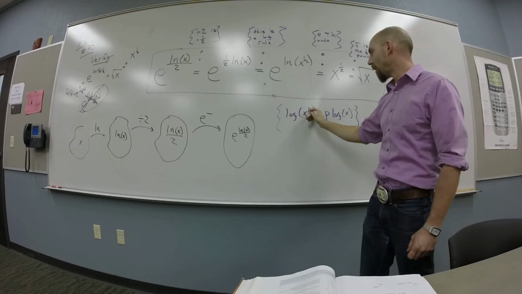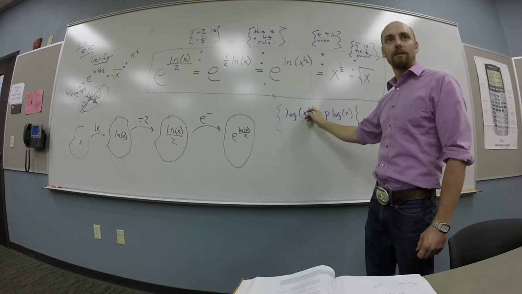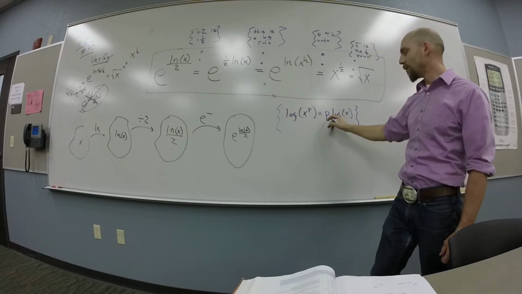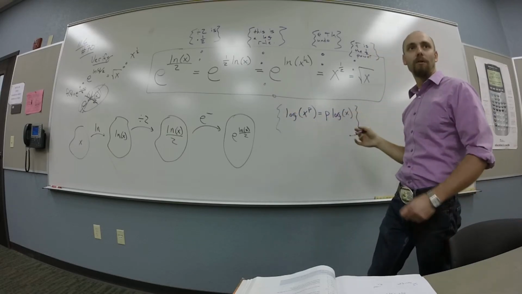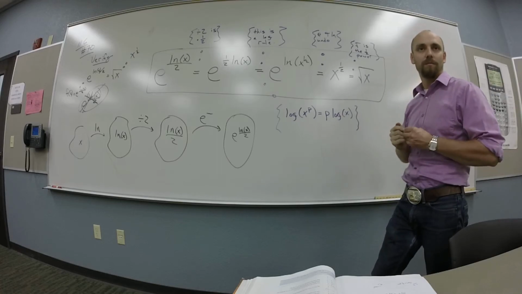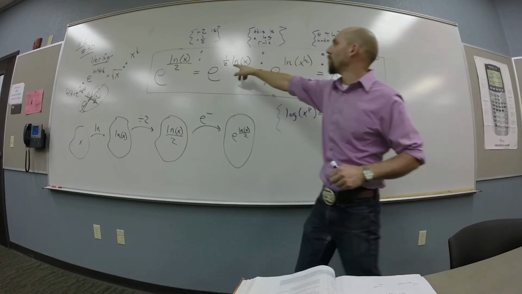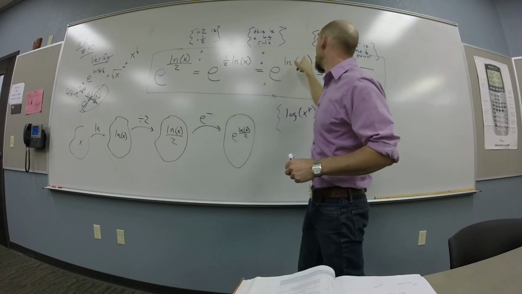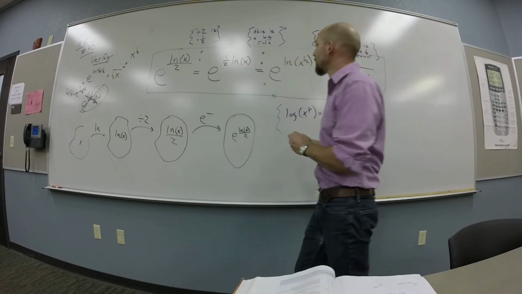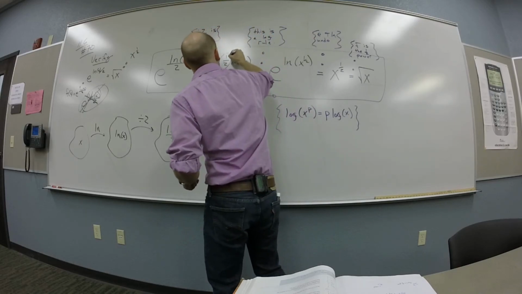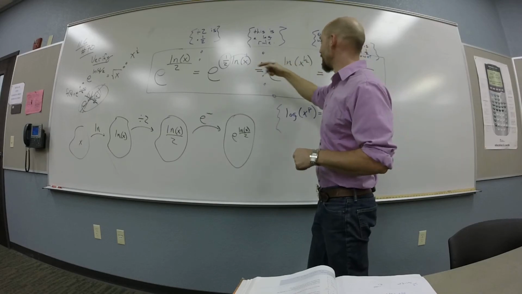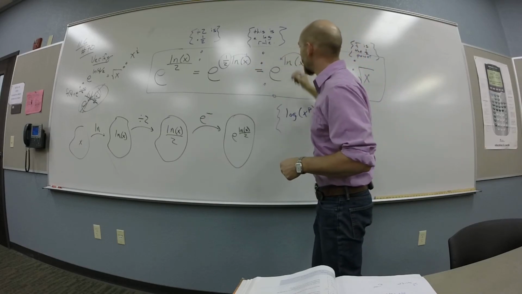So if I have a power up top in my argument, I can pull that down front and multiply. Or if I have a number down front, I can pull that in as a power. So what did you do on that? I took the 1/2 that was sitting out front times the logarithm, and I pulled it in as a power. Oh, okay. It goes both ways then. Yeah, this goes up. Right? Or if I was looking from that perspective, this goes down.